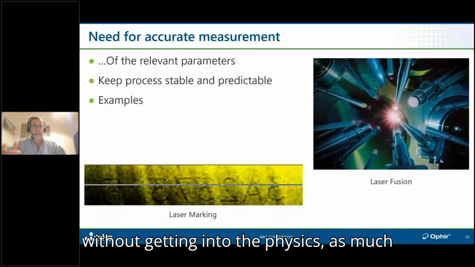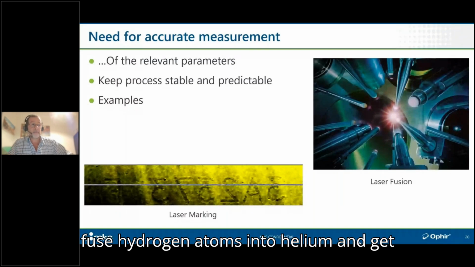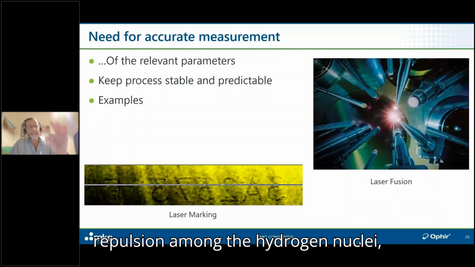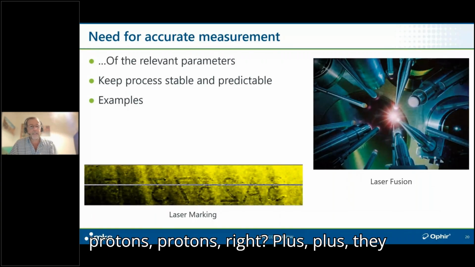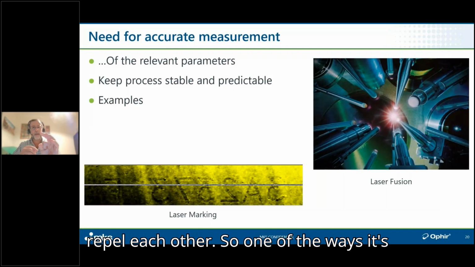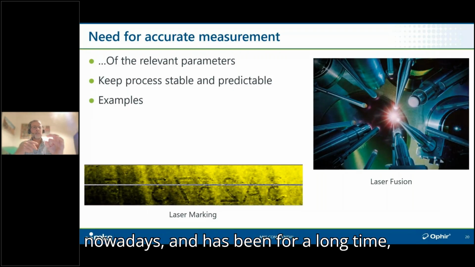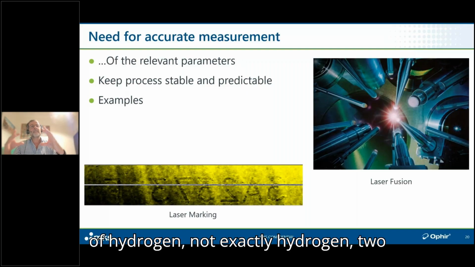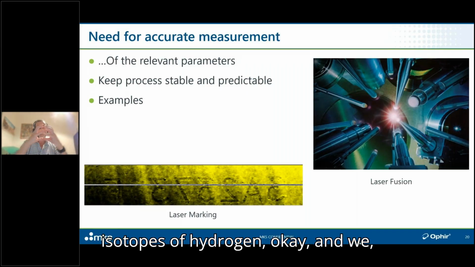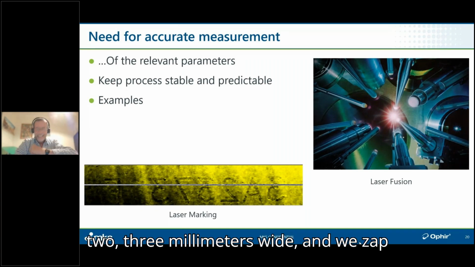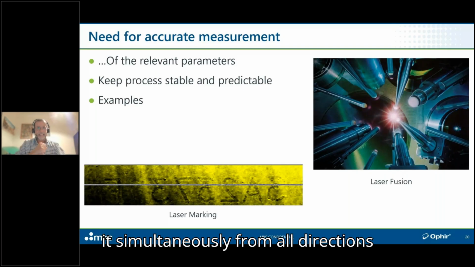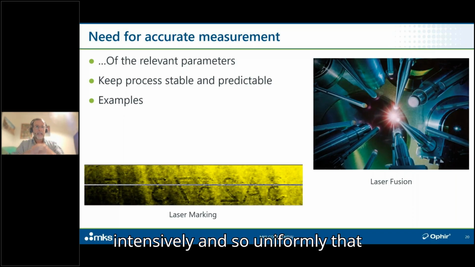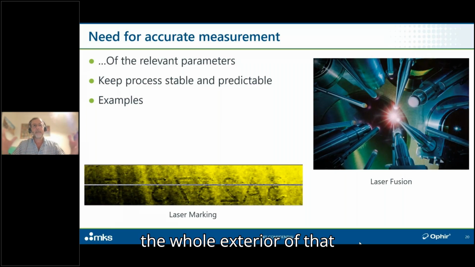So one of the ways that's being very intensively worked on nowadays, and has been for a long time, is inertial confinement fusion, where basically we take a frozen pellet of hydrogen, not exactly hydrogen, two isotopes of hydrogen, 2-3 millimeters wide, and we zap it simultaneously from all directions with a whole bunch of laser pulses, and we do that so intensively and so uniformly that the whole exterior of that frozen sphere of hydrogen gets zapped and explodes, and the inner core gets extremely compressed, sufficiently to overcome that electrostatic repulsion and achieve fusion. I've horrifically oversimplified this, but you get the idea.